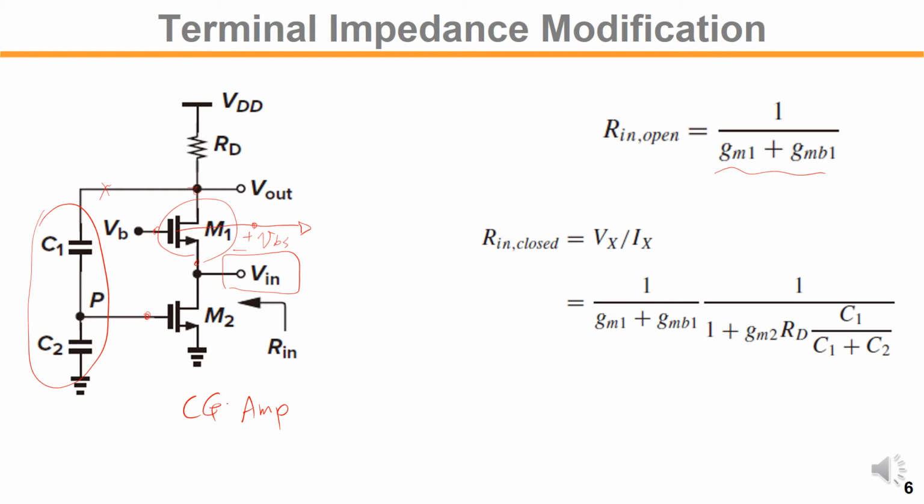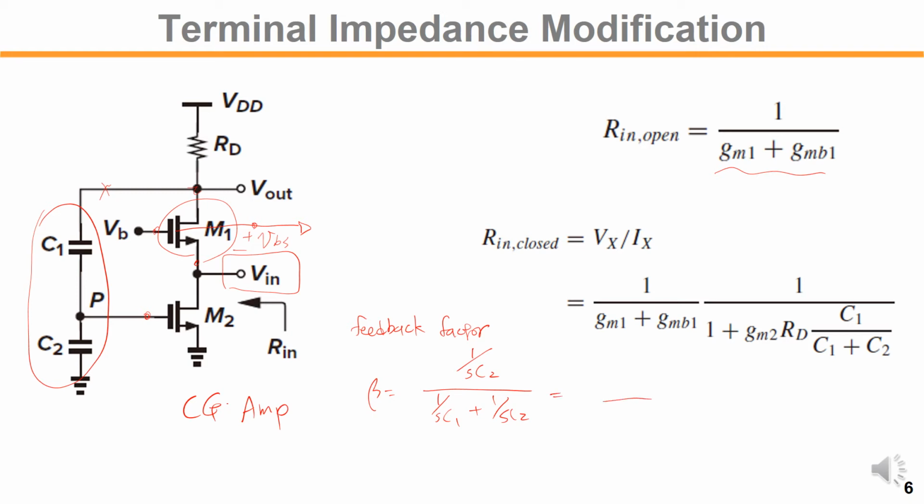But if you close the loop by the C1 and C2 feedback, the beta, the feedback factor, is what? 1 over SC1 plus 1 over SC2 for the denominator, and the numerator we will have 1 over SC2, right?